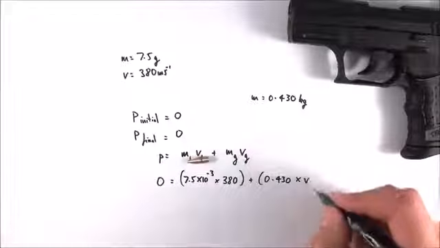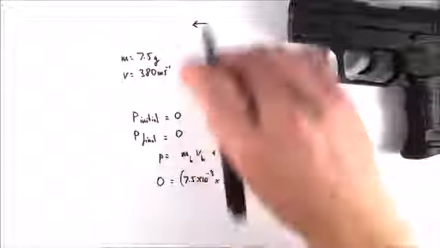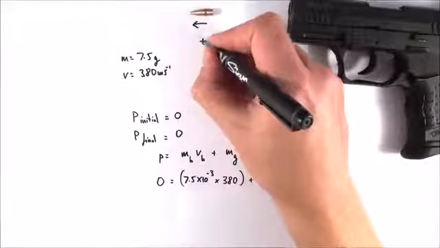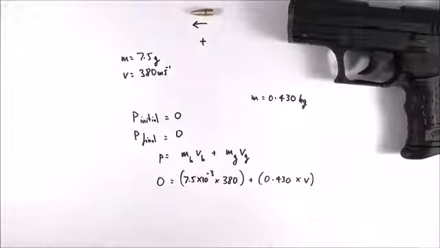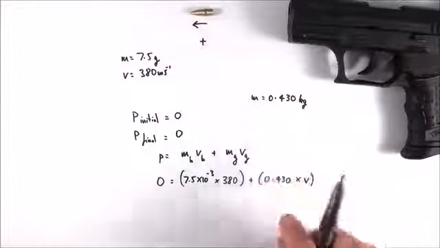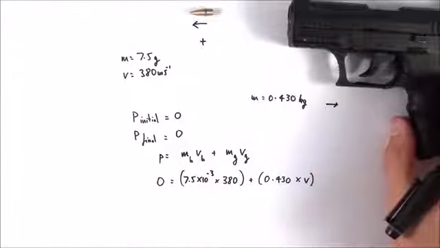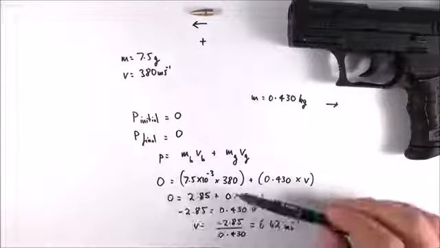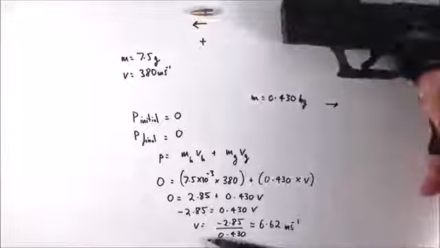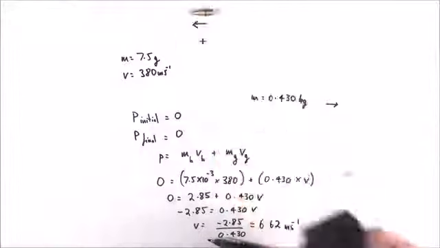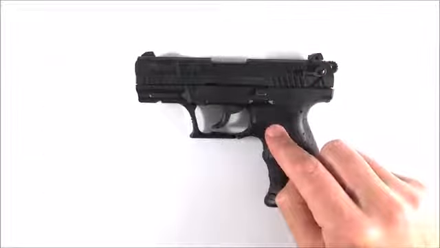I'm just going to call this V. If the bullet is moving off to the left, the direction to the left is a positive direction, which means any direction to the right is going to be negative. So we have all the data we need, and we can compute this and work out the velocity of how quickly that gun moves back. I've put the data in, I've rearranged it, and I found that this thing moves off initially at 6.62 meters per second.